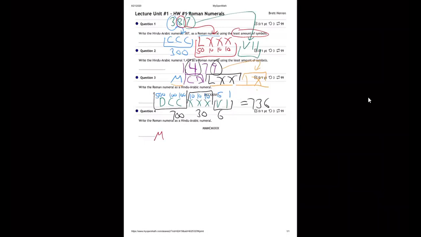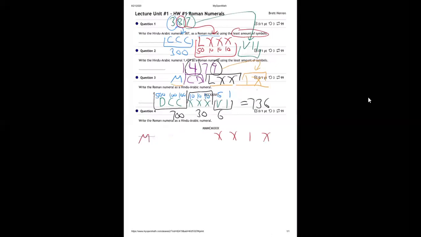So they have M, M, M, and then C, M, CM, X, X, 1, X. I meant to space these out, so let me space these out a little bit more.